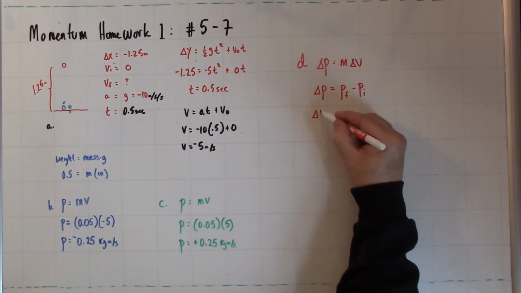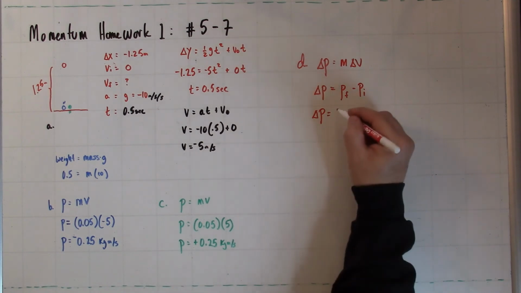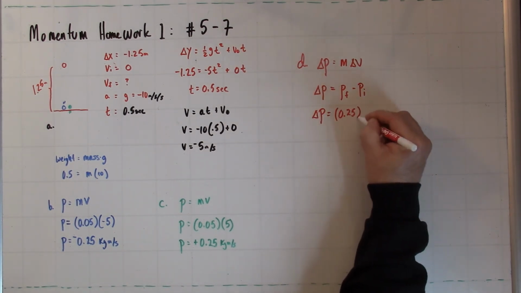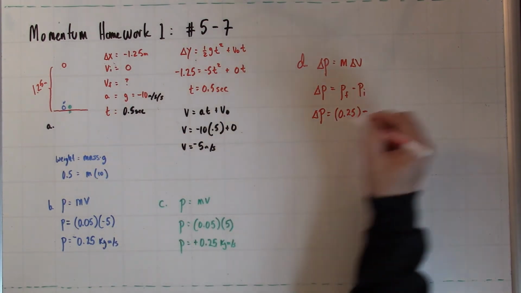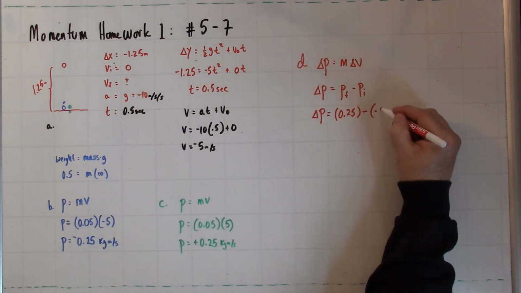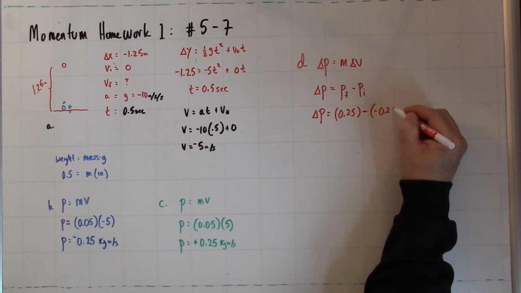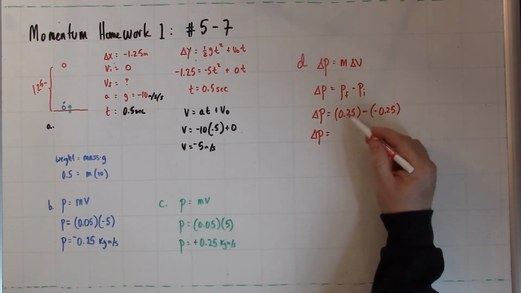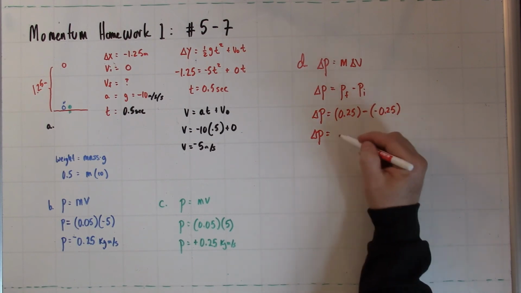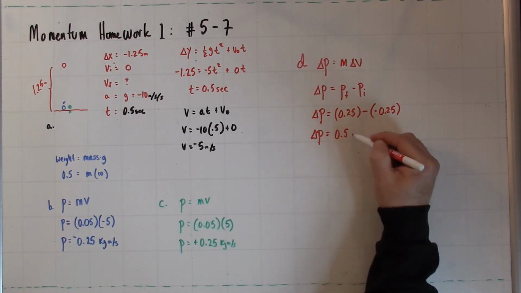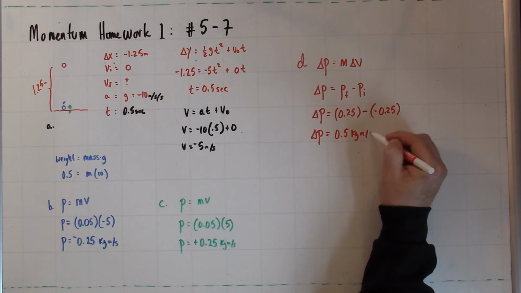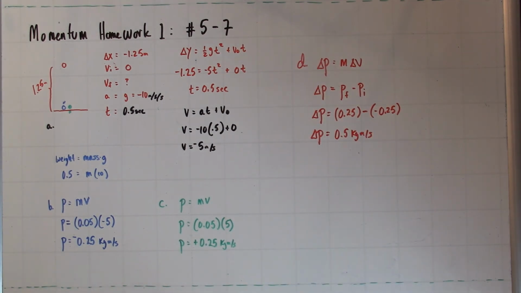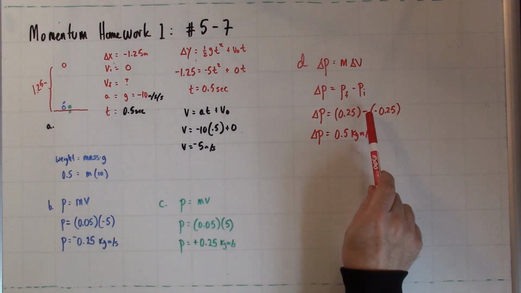And if we do it that way, the final momentum is 0.25, and then the initial momentum was negative 0.25. And so the change in momentum here, well, it's minus a negative, so we're adding, is 0.5 kilograms meters per second. Again, the change in direction allows you to add the negative.